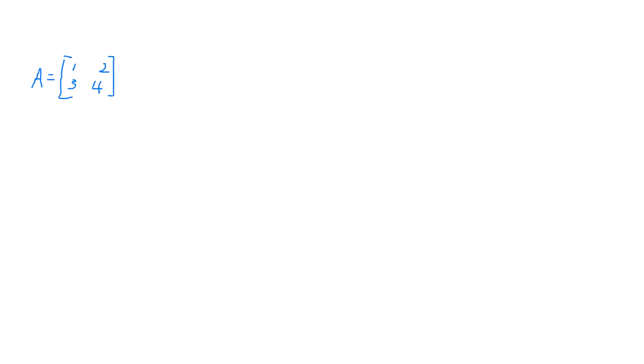Okay, there's matrix A. I'll actually call this example A because in the theorem they have properties A, B, and C. So I'll just put an A next to it.